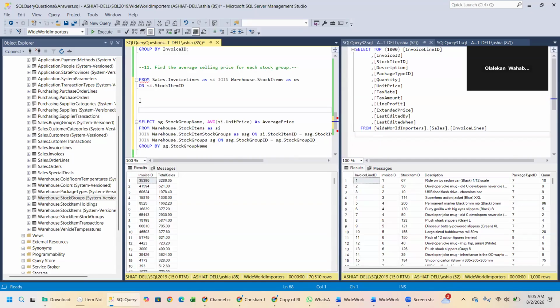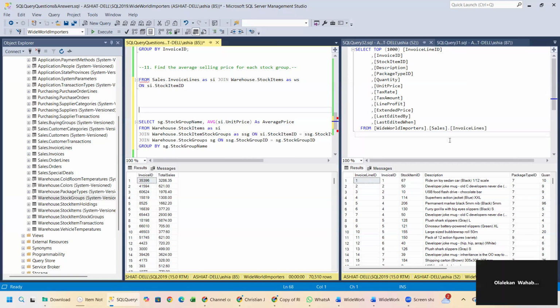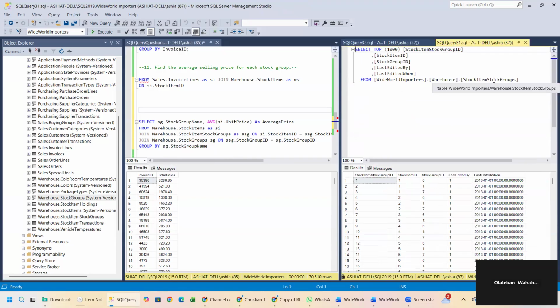All right. Question 11, we were talking about finding the average selling price for each stock group. And we opened stock group yesterday. This one is invoice line. You said that in invoice line we have stock item ID, quantity and unit price. And when we look at the stock item stock group, we have stock item ID that we can link to the invoice lines.